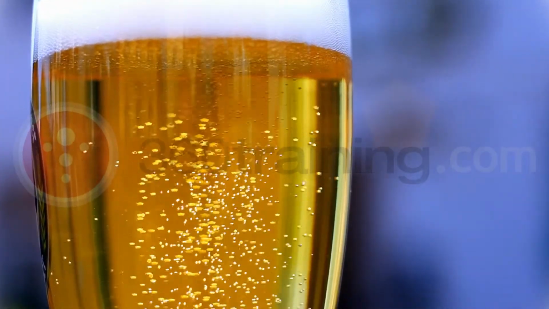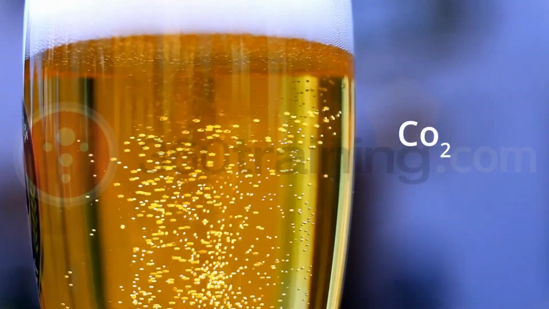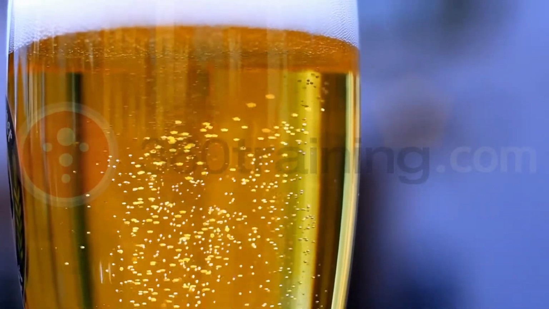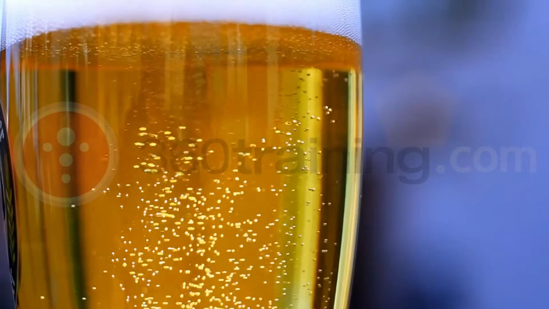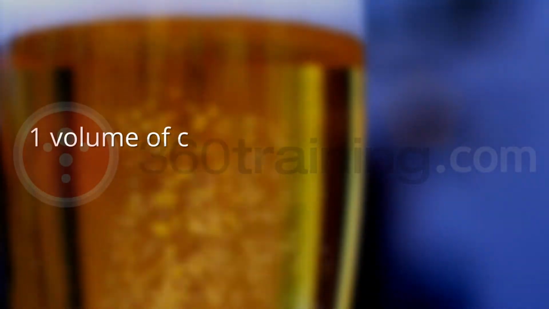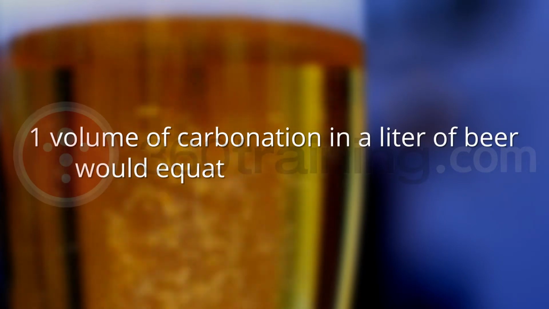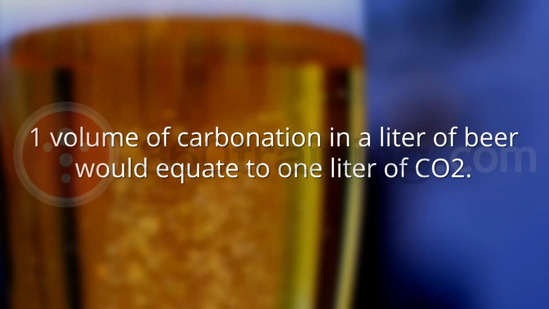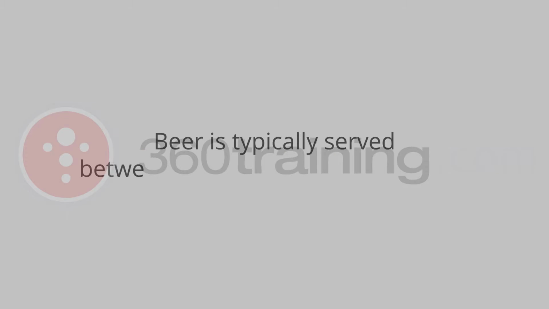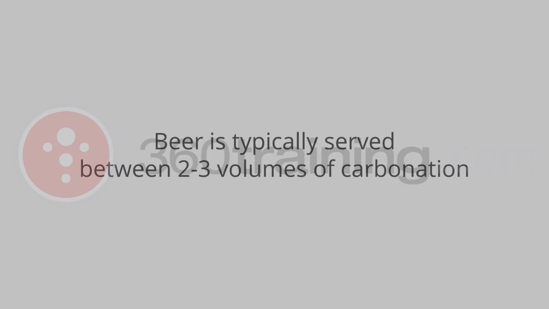The level of carbonation is measured in volumes of CO2. One volume is expressed as a given volume of dissolved gas in the same volume of liquid. For example, 1 volume of carbonation in a liter of beer would equate to 1 liter of CO2. Beer is typically served between 2 to 3 volumes of carbonation.